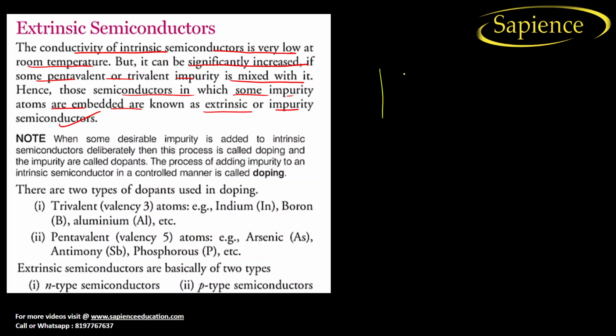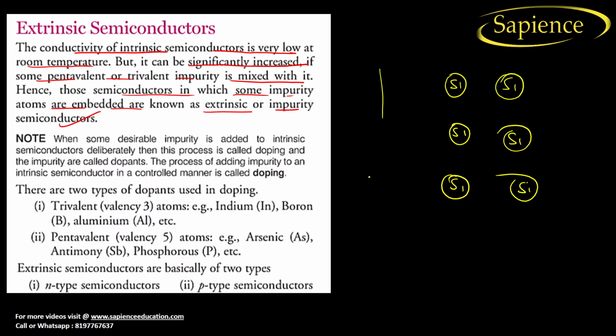So now let us suppose there is a silicon, another silicon, and another silicon. Everywhere there is a silicon atom. In the earlier case, there will definitely be a movement of the electrons, so it will create a current, but the conductivity of this material is very low.